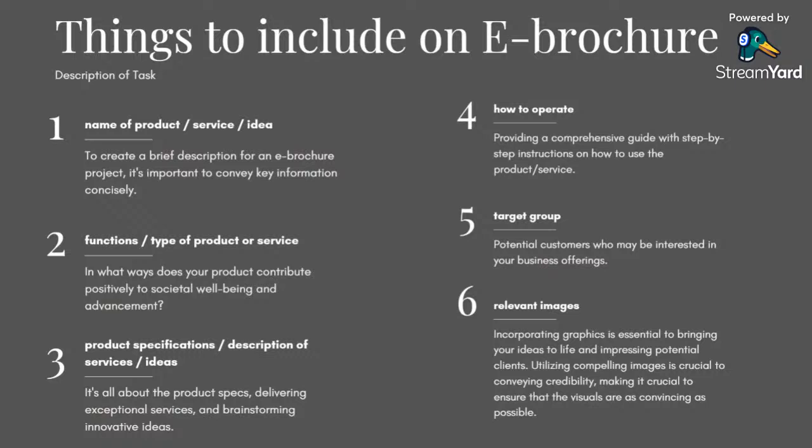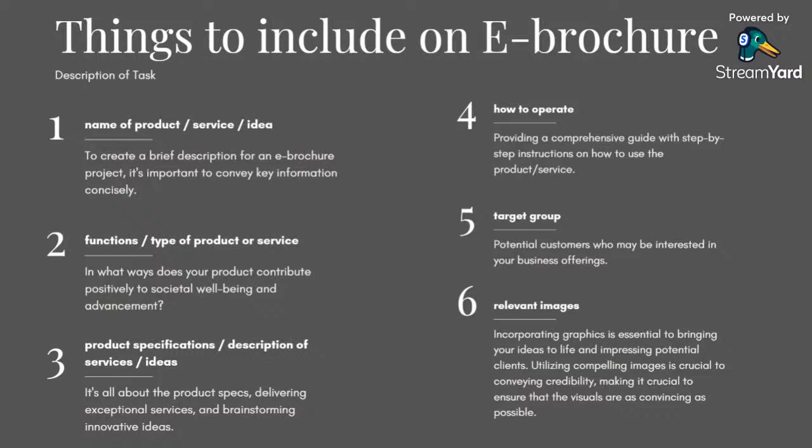You may want to explain what's so special about your business as compared to your competitors. So you must sit down and brainstorm the ideas together with your group members, and think about how to convince your respective lecturers to award you the highest marks possible.